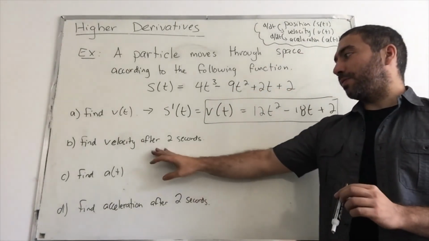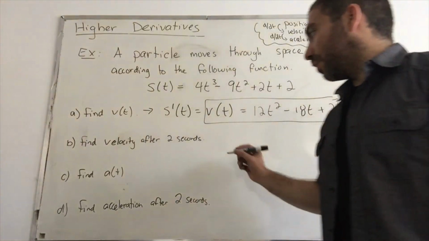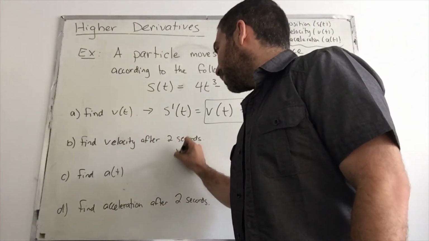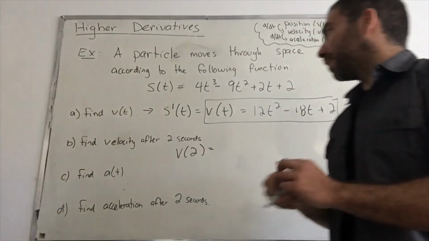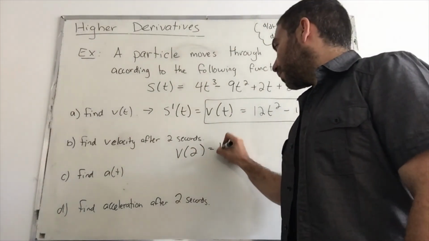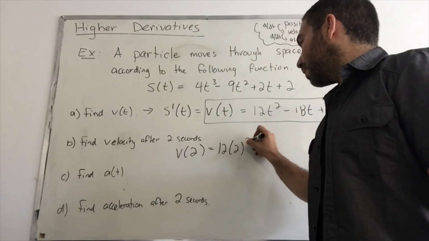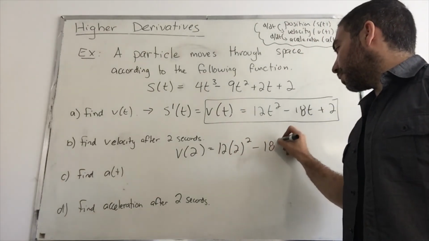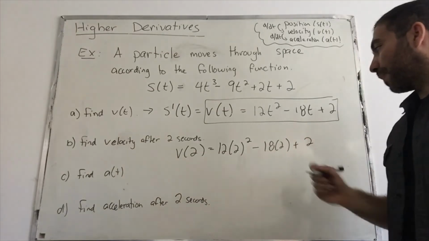And now it's asking to find the velocity after 2 seconds. So what it's asking for is what's v of 2. So replace the time t with 2, and that gives us 12 times 2 squared minus 18 times 2 plus 2.